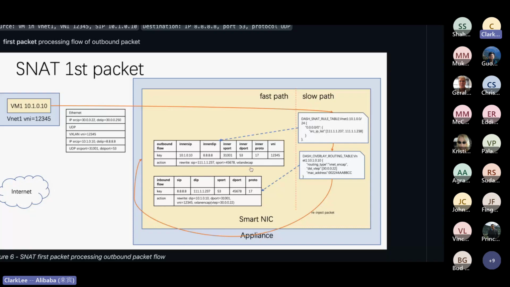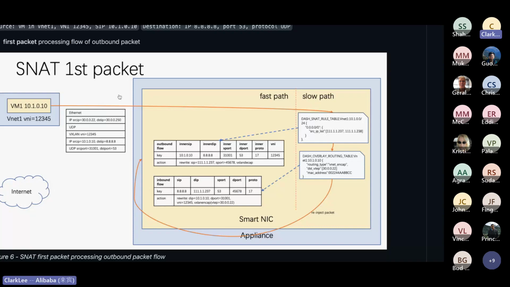We can discuss that detail, but conceptually they make no difference. If we want to unify the flow table, that's also fine.